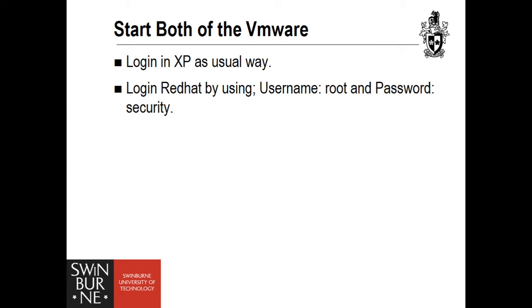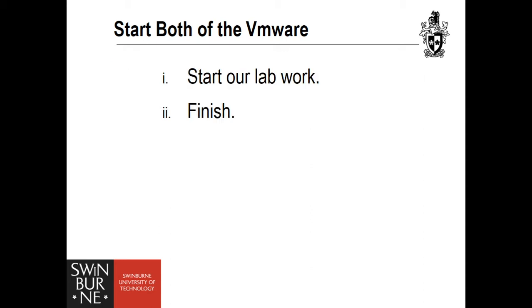For XP, we can log in the usual way, but for Red Hat, we need to log in with username root and password security. Then we can start our lab, then finish. After this, I will show you the video of how I did the lab experiment.